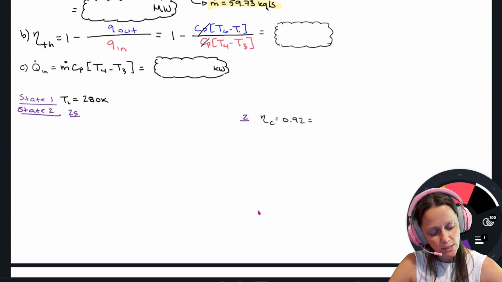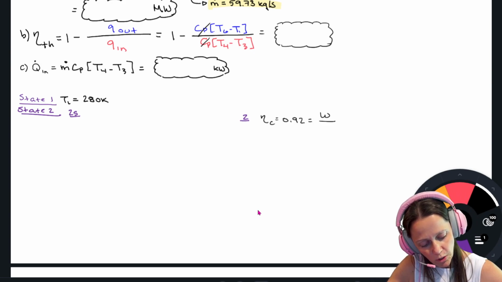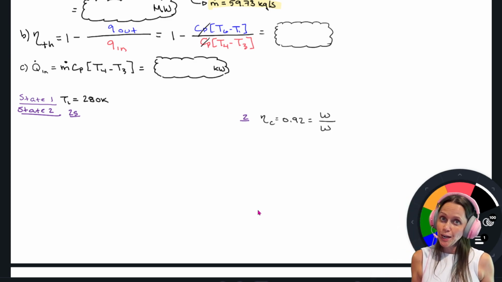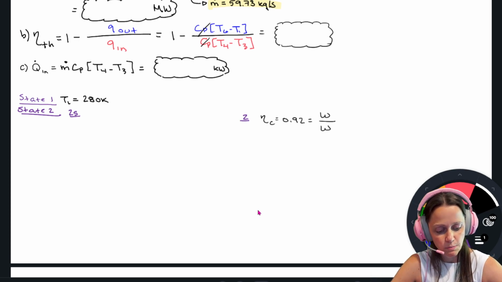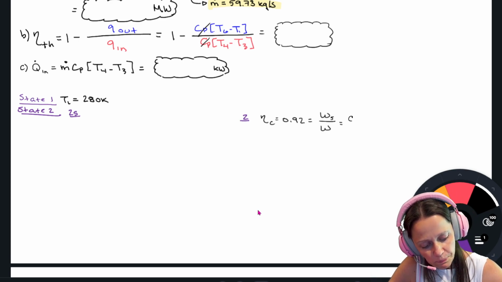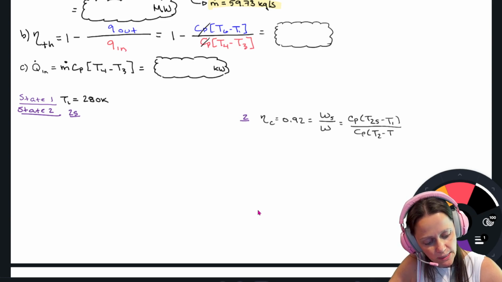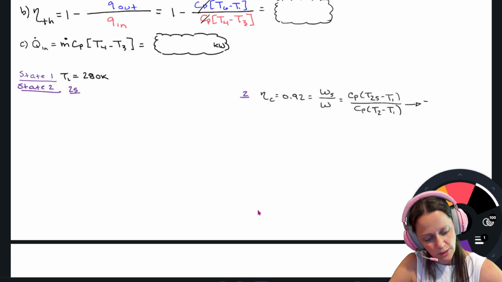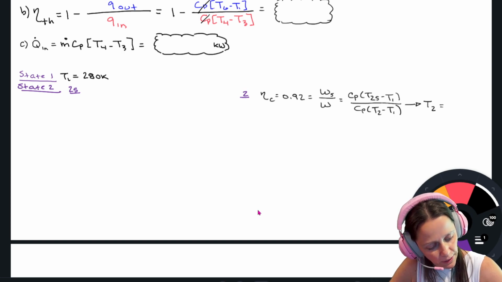This is the ratio of the two works. Ideally for a compressor, I don't have to put as much work in, so that's the smaller number on top. This will be Cp times T2S minus T1 over Cp times T2 minus T1. Perfect. So I should be able to get T2 when I'm ready for it.